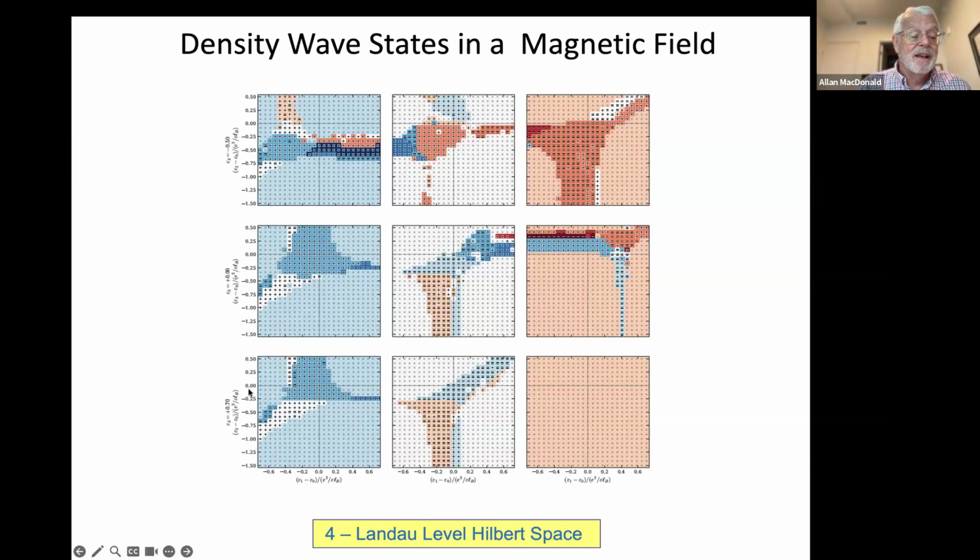So even at E2 equals zero, it doesn't change the phase diagram much, but it starts to change it if it's negative. It's a very, very rich phase diagram.